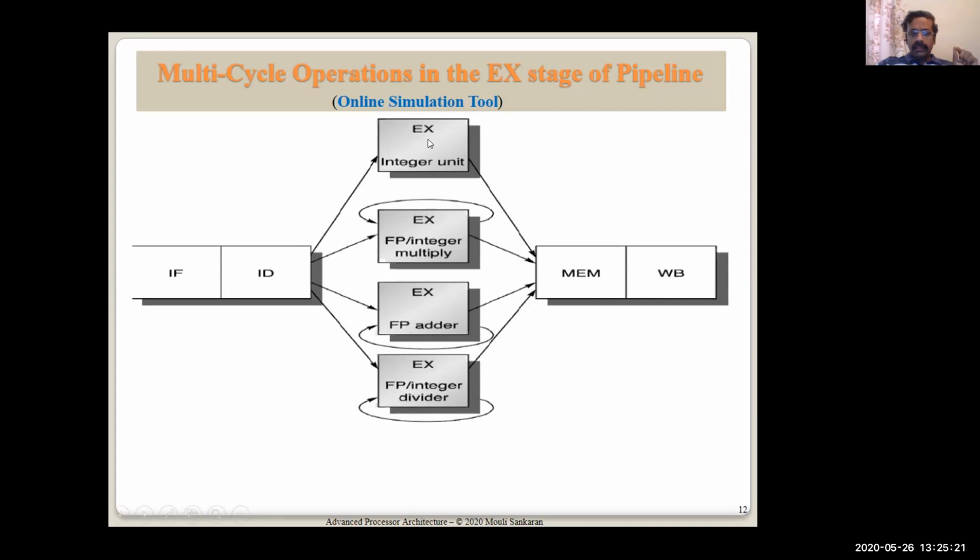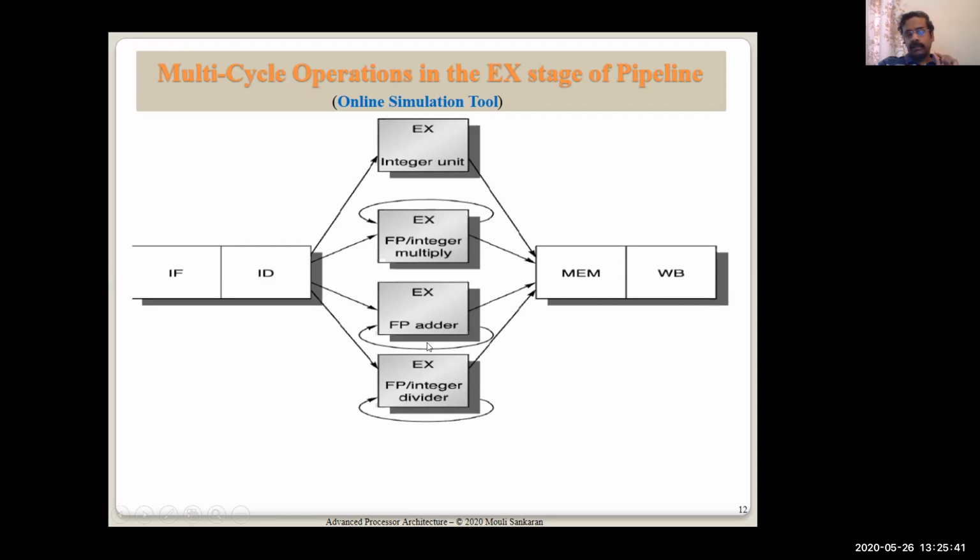But in the hardware, once the data input is available and output has to be produced, there is a fixed delay. Maybe in floating point, based on the operation being performed and the value of the operand, there may be some difference in the number of cycles.